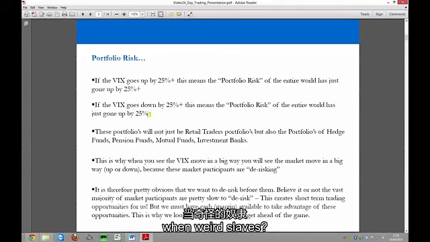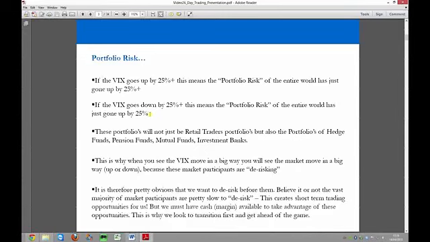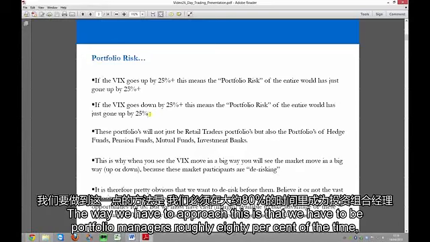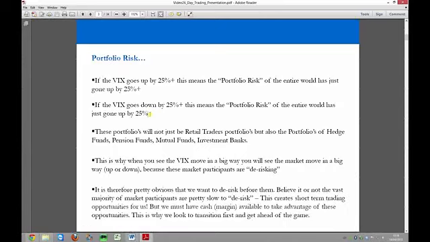So what does this mean? Well, when we're slaves to volatility as professional traders, the way we have to approach this is that we have to be portfolio managers roughly 80% of the time, with the knowledge that we can't really trade on a short-term basis because the market doesn't really allow us to.